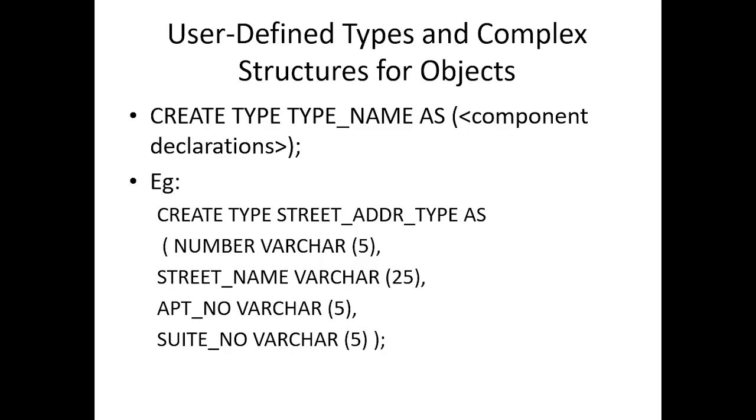The user will create the user defined types for a particular application as part of the database schema, and these may be specified in their simplest form using this syntax. That is, we have create type, then we supply the type name and component declarations.